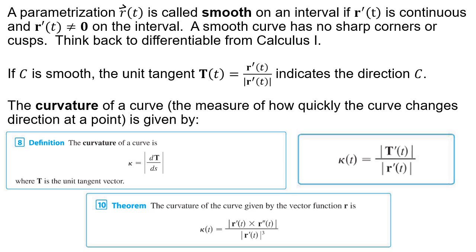Or, the one at the bottom, the curvature is also given by the magnitude of the cross product between the first and second derivative, divided by the first derivative's magnitude cubed. That's usually the one most people use, that bottom one, so most of the time we're going to be going with this one. There's actually one more formula. I might show that one along the way too.